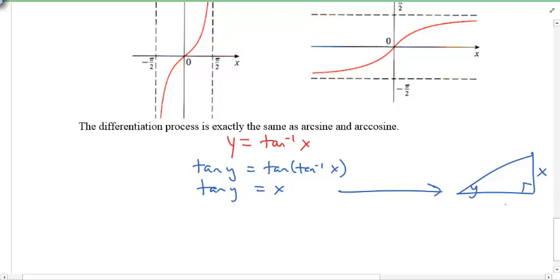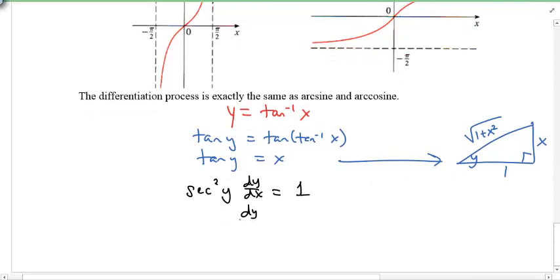Tangent is x over 1, so the hypotenuse is the square root of 1 plus x squared. The derivative of tangent is secant squared y, with once again implicit differentiation. The derivative of x is 1. So dy dx is actually 1 over secant squared y.